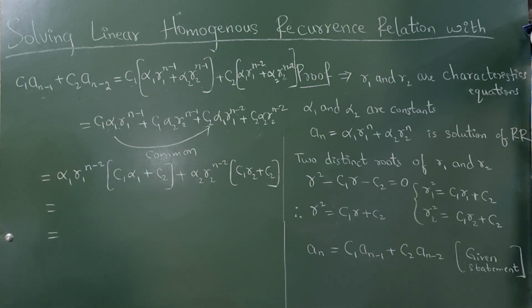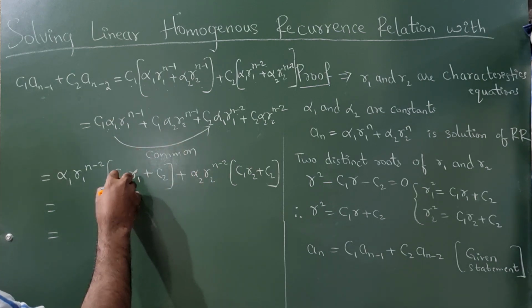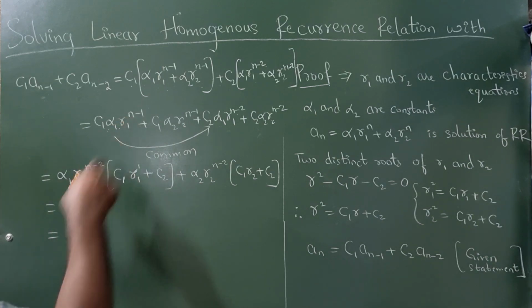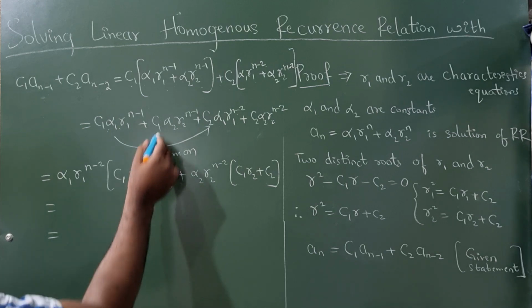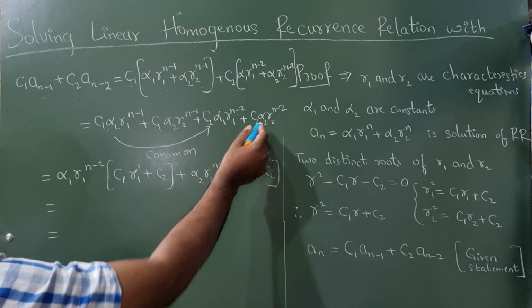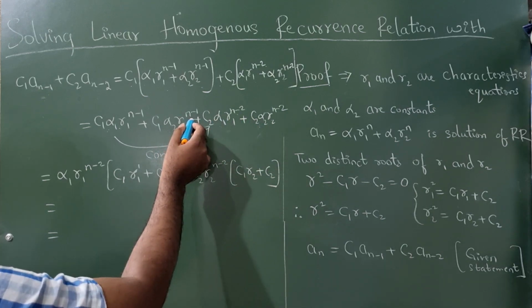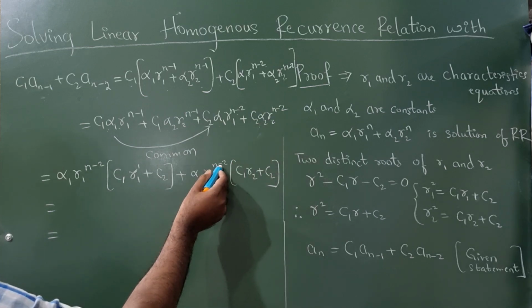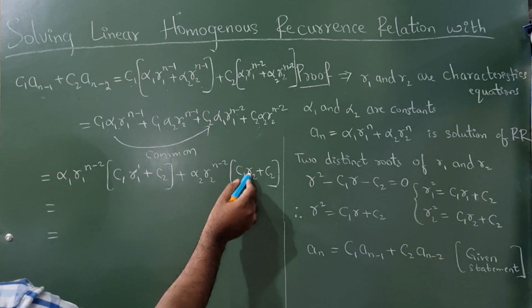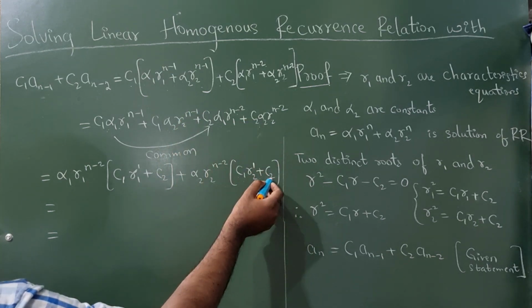What is remaining here is C1 r1 plus C2. From these two terms, alpha 2 r2^(n-2) is common, so here C1 r2 plus C2.